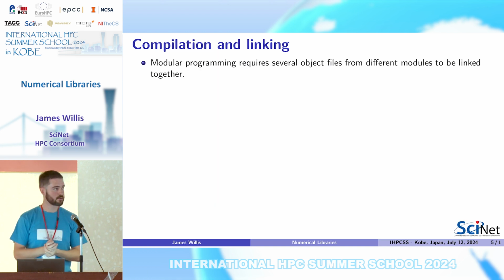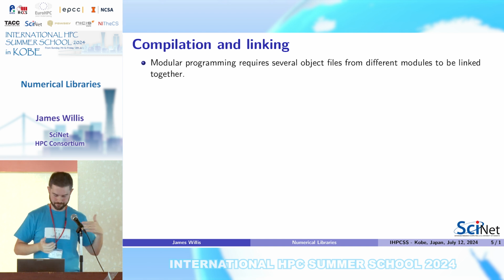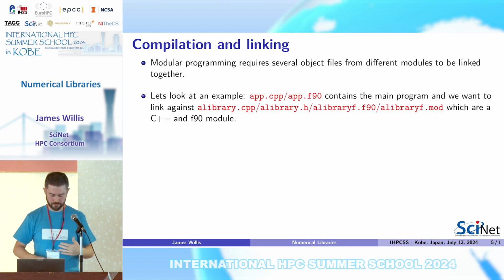So how do we actually do this in practice? A modular program requires several object files to be compiled and then linked together at the next stage. I'll just go through a quick example.